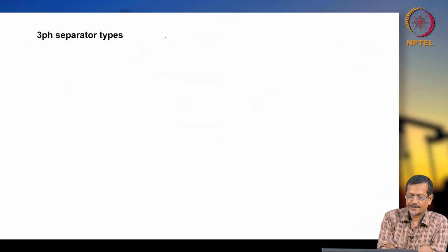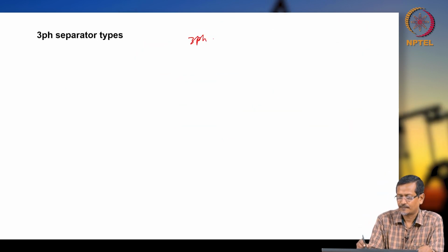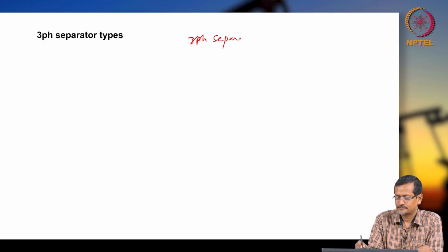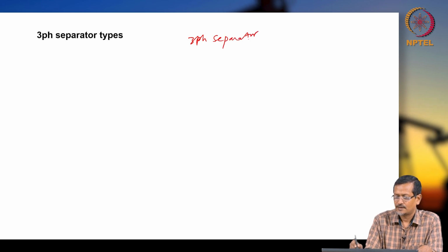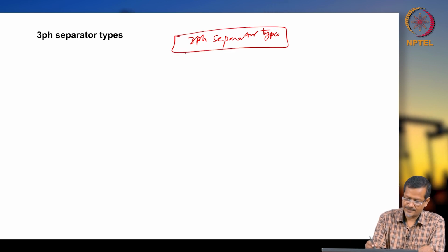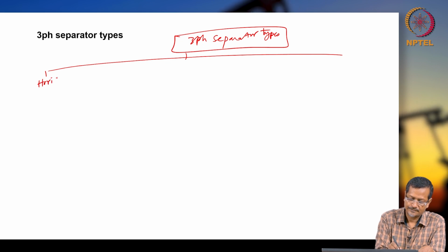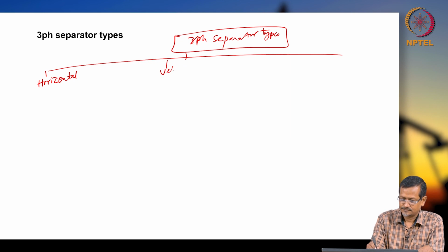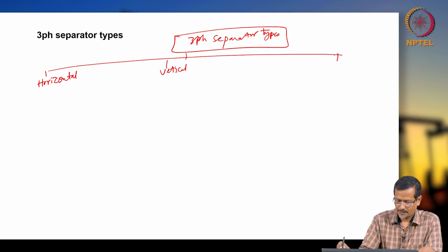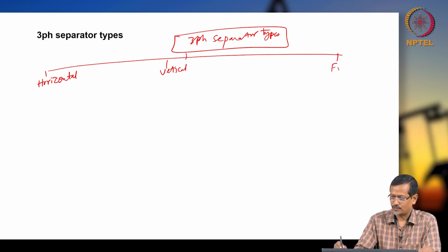Three-phase separator types. Basically horizontal, which we have seen, vertical, and free water knockout.